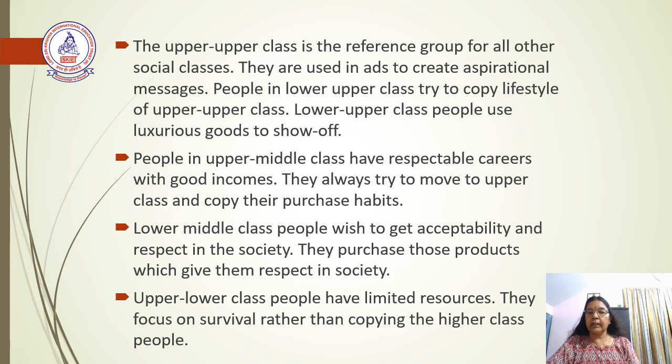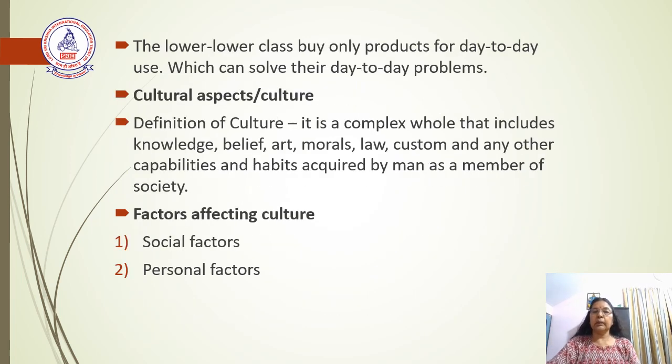The upper lower class people, they have less resources, they are mainly buying products to survive, they have no wish to move to the higher classes. And the lower class, they buy only day-to-day products. They just want to buy products which solve their day-to-day problems. They also do not want to move to the higher classes. So this is how the social class is understood by marketers to target each social class with suitable products.